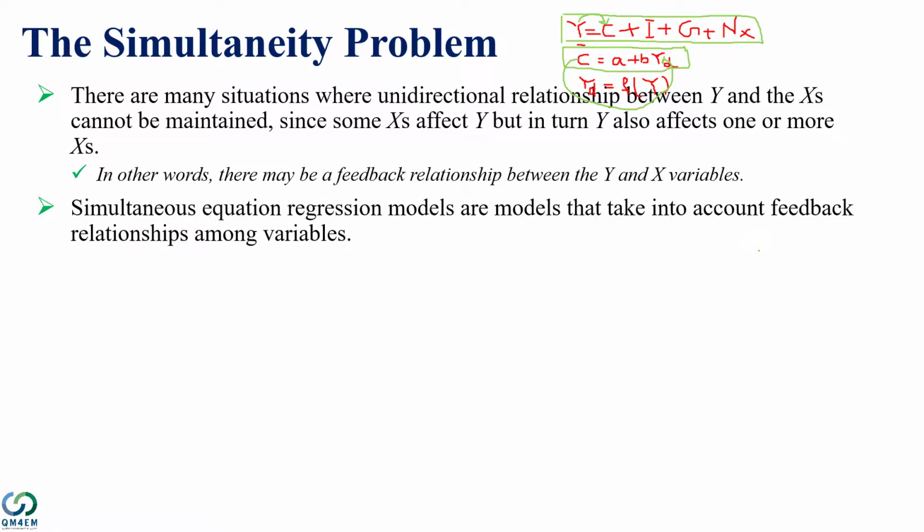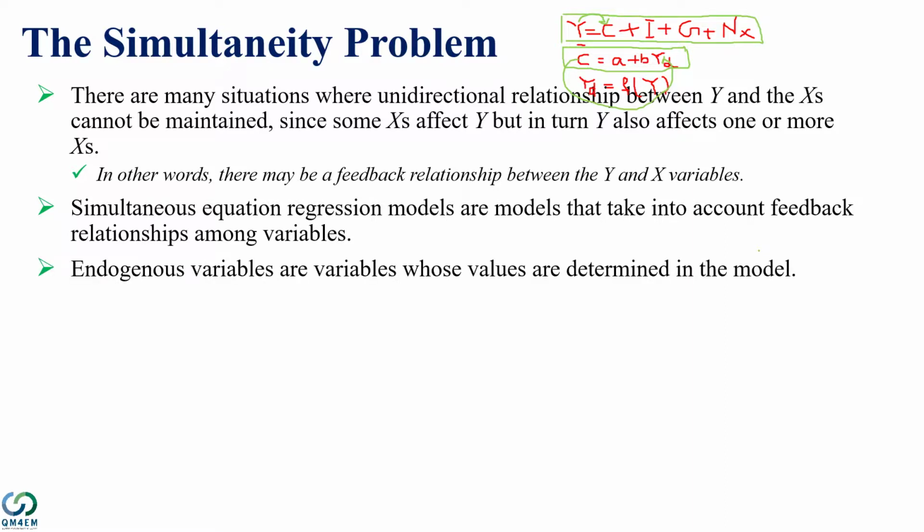This is called simultaneous equation regression models, and while estimating these models we have to take care of that feedback relation between y and x variables, the bidirectional relationship between y and x. We just can't estimate one of these equations while ignoring the remaining equations in the model.